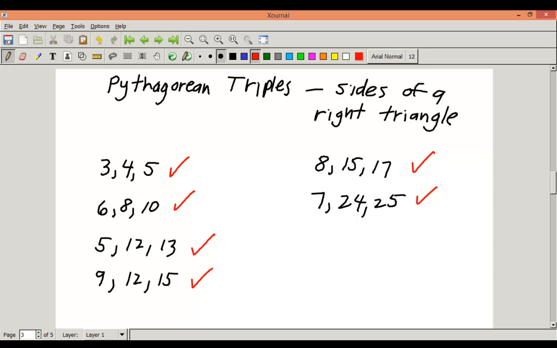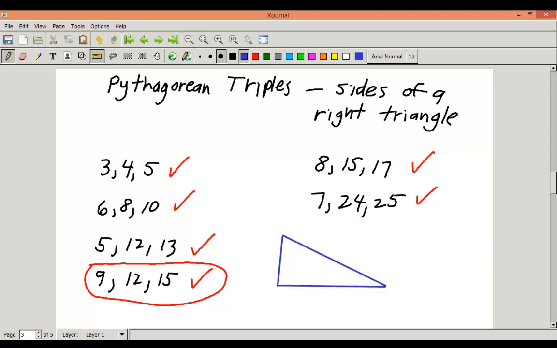If, for example, let's take this one right here. If you're given a right triangle in which you know 2 sides are 9 and 12, and your problem is, well, what's the hypotenuse?